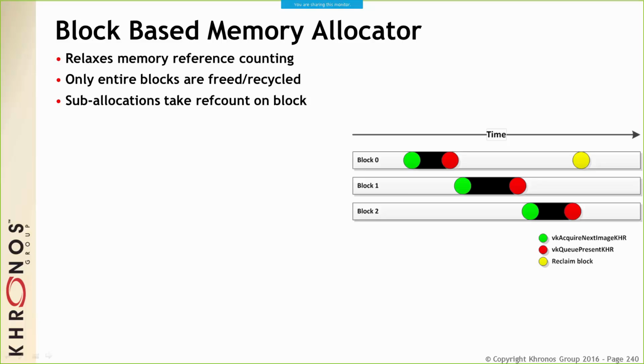If we have 3 frames in our swap chain, what we end up doing is we start with a block in the first frame. When we start a new frame, we terminate the current block, start a new block, allocate from that, and keep going. And when we get back to the first frame again in the swap chain, the GPU should pretty much always be done with that frame, because it's 2-3 frames old.